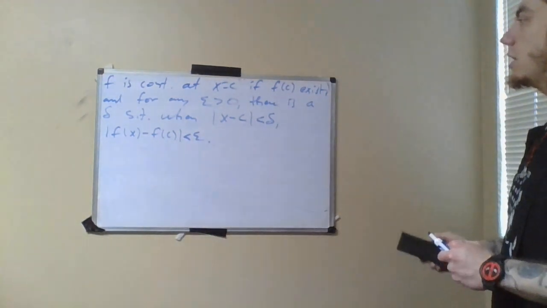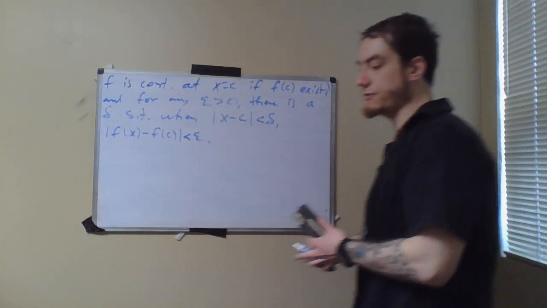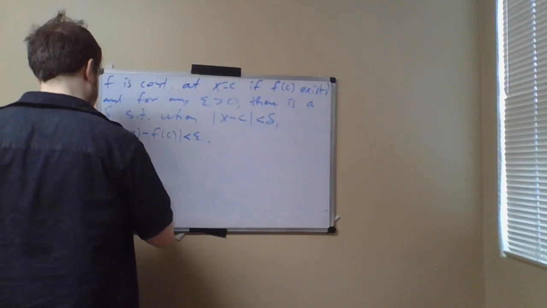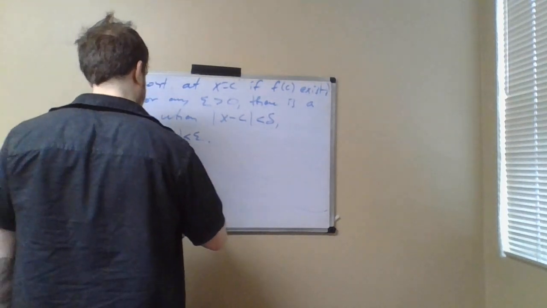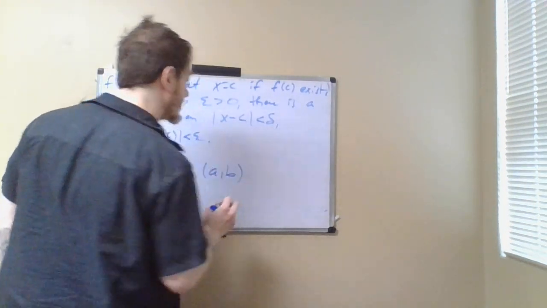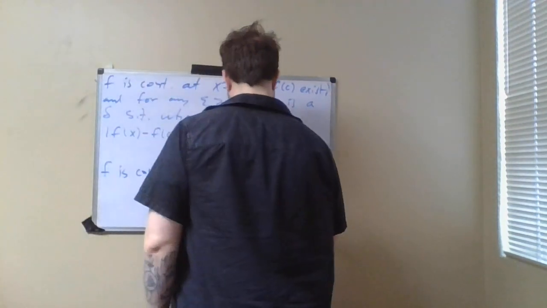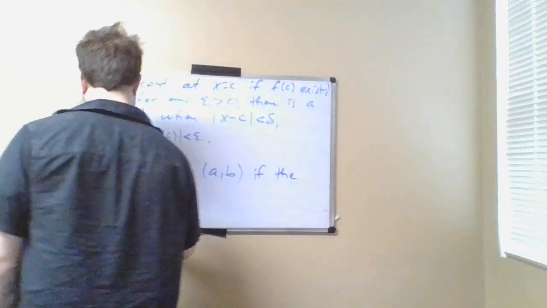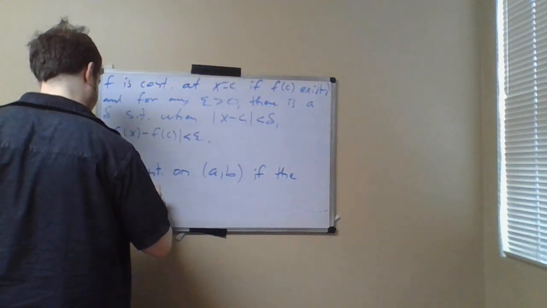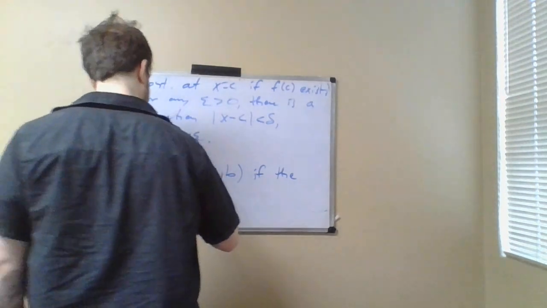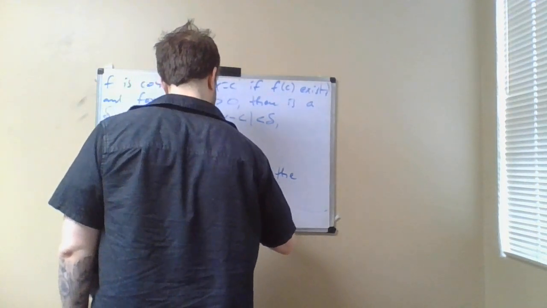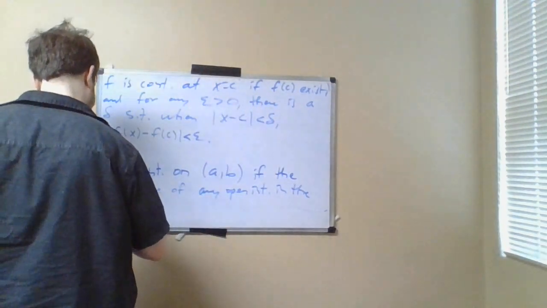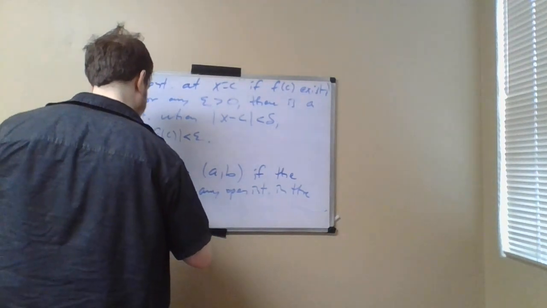Now, another definition of continuity that can be somewhat useful in some situations is we can say that f is continuous on an open interval from a to b, so at all of these points, if the preimage of any open interval in the range is open.